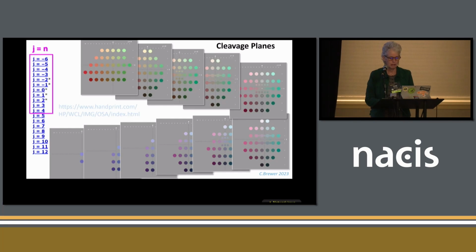And if we slice this up, this fellow, I have a credit to his name earlier in the slide, has all the cleavage planes through this space, and you define them by relating, like this is a real simple one, that all the j equals some number: j equals 0, j equals 1, j equals 2. So you're going parallel with the yellow-blue axis, marching through color space.